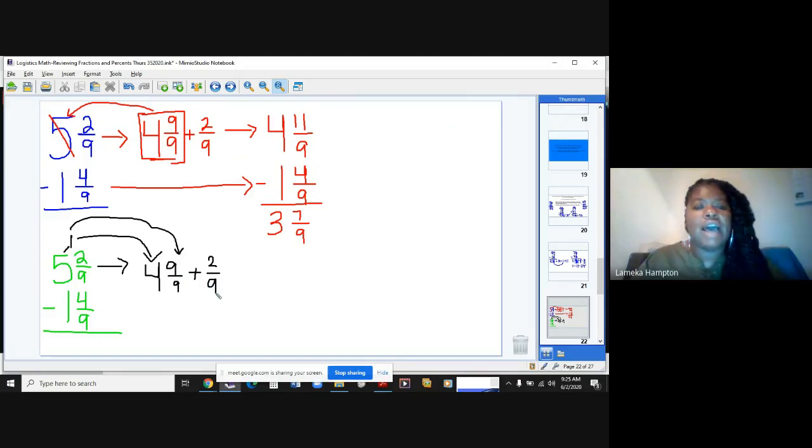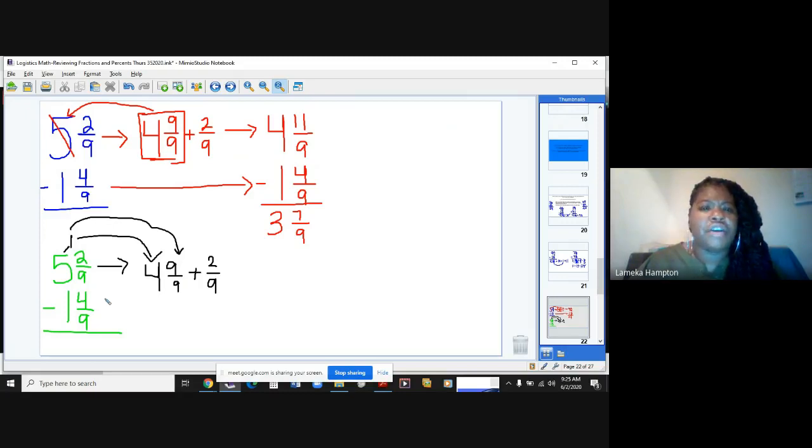The reason why I am not doing anything to this particular fraction at the bottom is because I had to borrow from the top fraction. Now, will there be a time where you will have to borrow from both fractions, top and bottom? It should not be. That's a rare case.